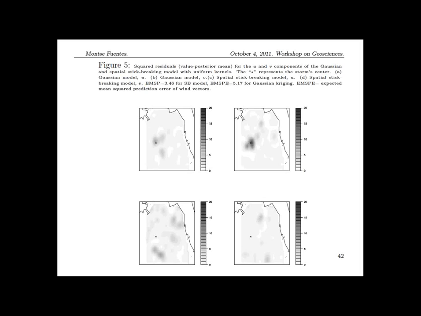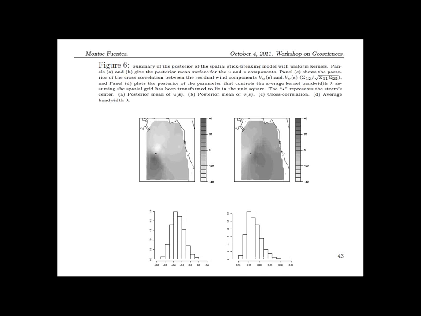What you can see is that with the Gaussian model, you have dark values, which means large error, in particular around the center of the storm, where the winds change more rapidly. And that's not the case once we introduce our model. It characterizes the structure everywhere, in particular in areas where it's more difficult, closer to the center of the storm.